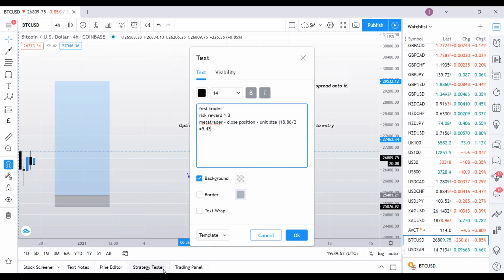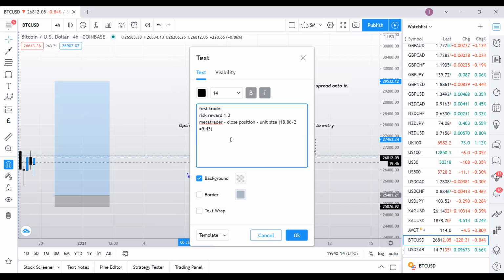So when you put a close position, you can change your unit size. Were you aware of that? So you reduce your unit size to 9.43 and you close the position.